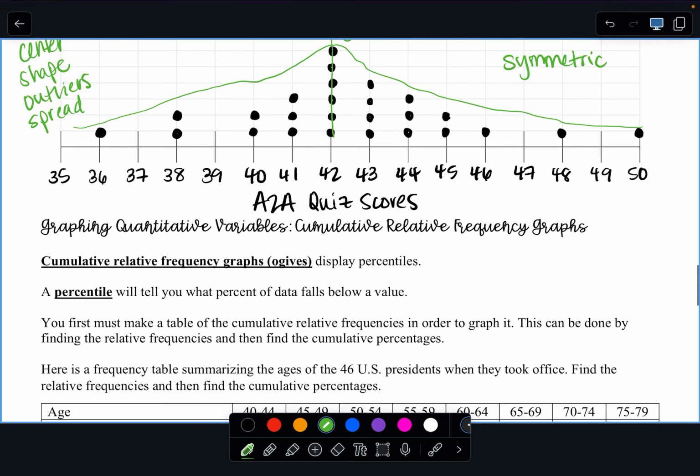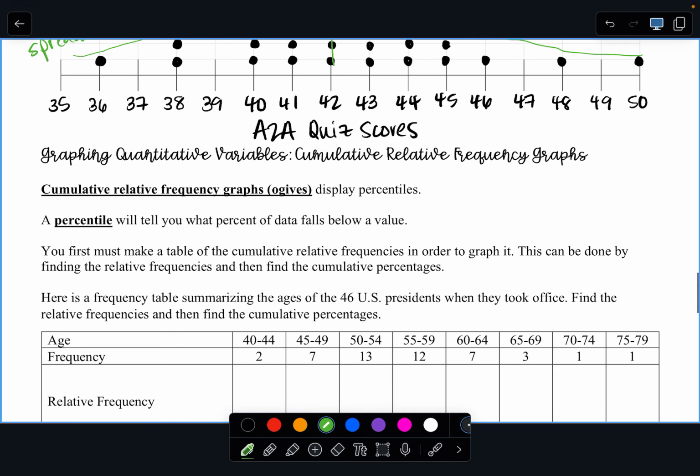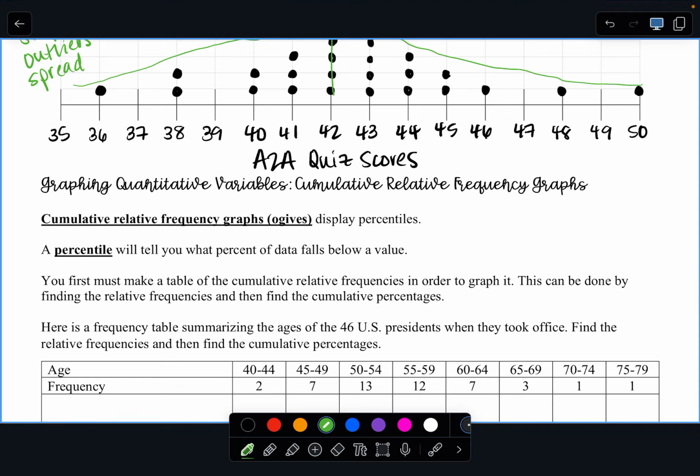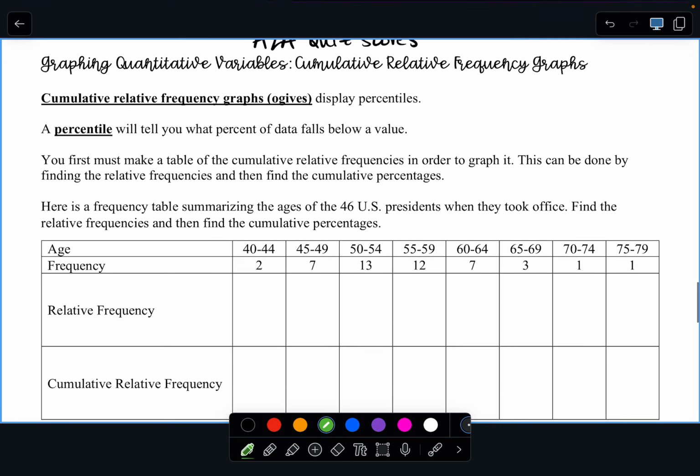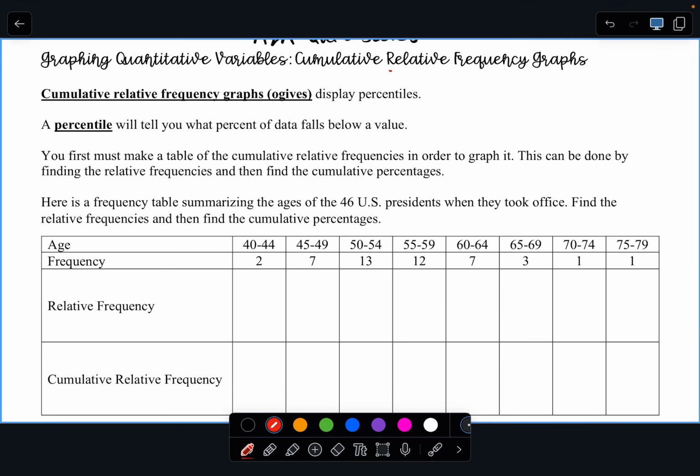Let's go ahead and look at the last type of graph that we have. This is a cumulative relative frequency. And what that means is, if you think back to what we did last class period, a relative frequency was a count over the total.